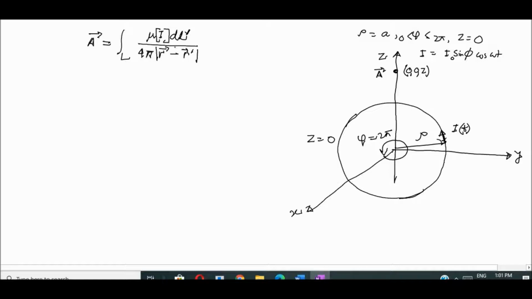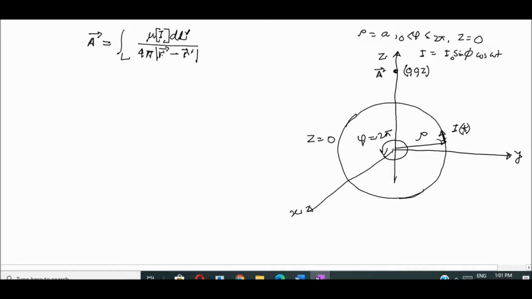So for this equation, we have to find dl, R, R prime, and the retarded current.